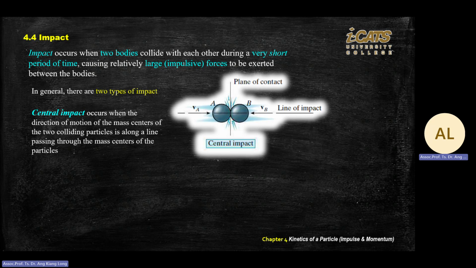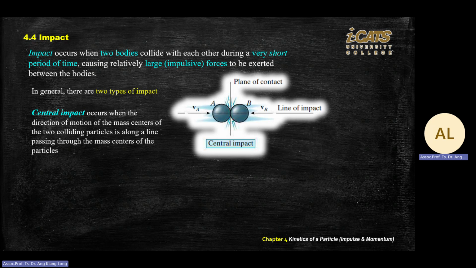For central impact, you need to draw the line of impact. Every time the question is about impact, you need to draw where the line of impact is. When the two bodies hit together, you just follow the velocity line. You pick one object's velocity, and then you draw the straight line.